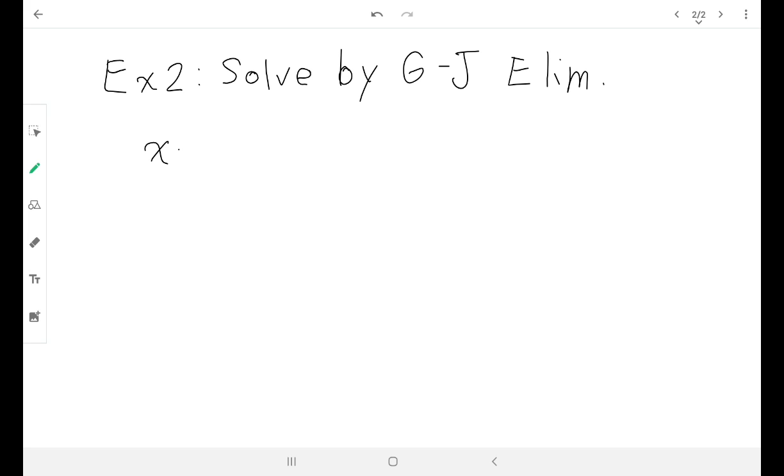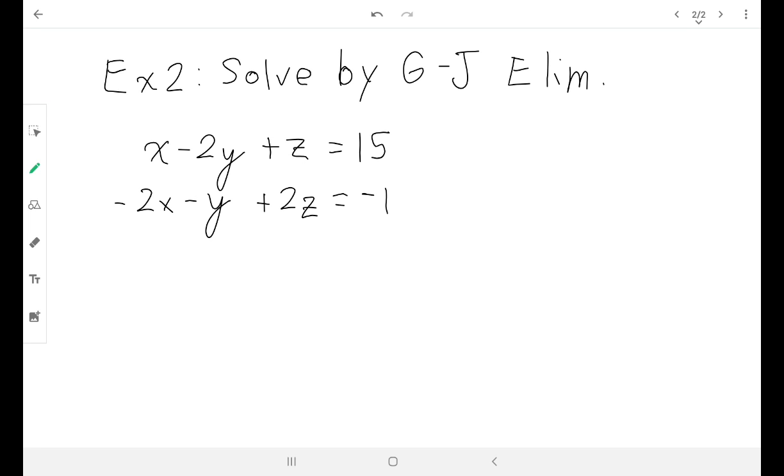It's X minus 2Y plus Z equals 15, negative 2X minus Y plus 2Z equals negative 1, and negative X plus Y equals negative 9.